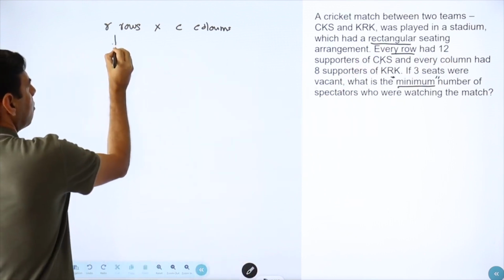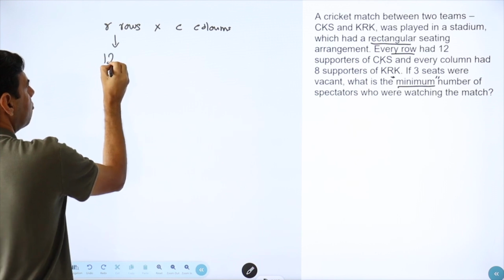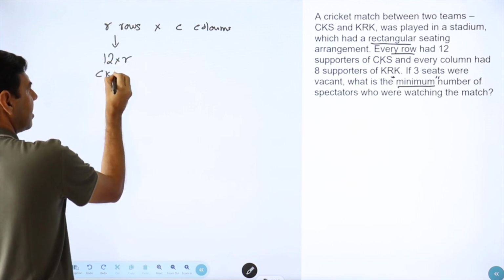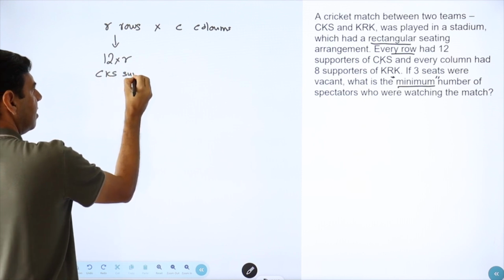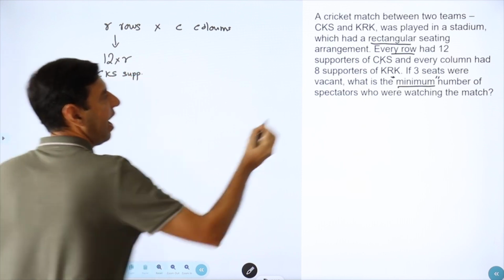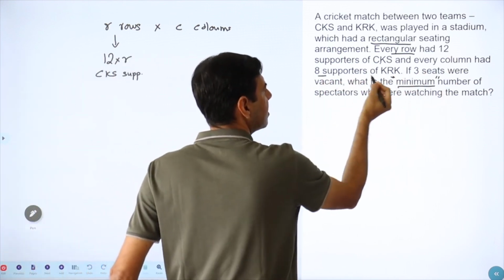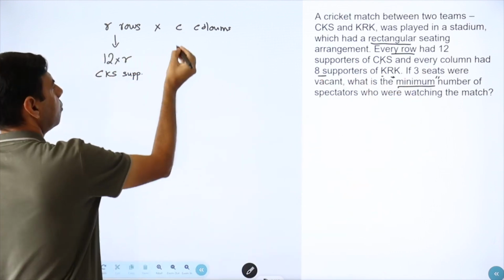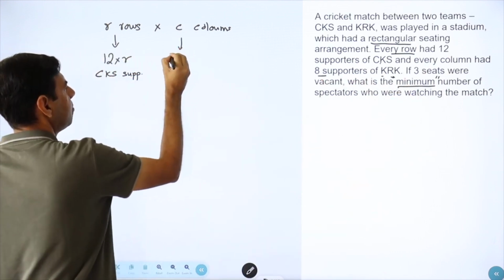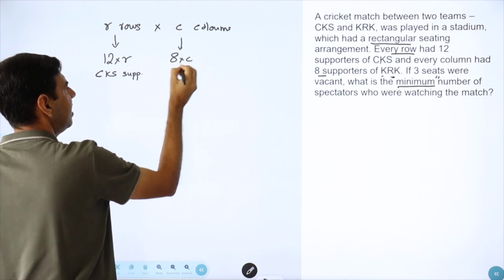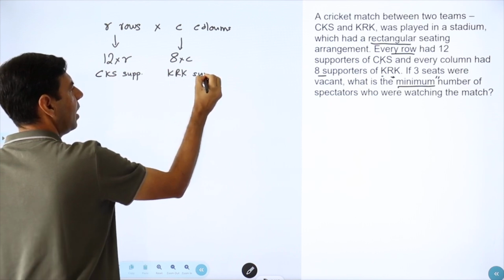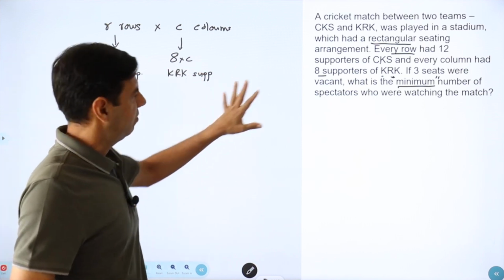So in R rows, there would be a total of 12 into R CKS supporters, right? Every column had 8 supporters of KRK. In one column, 8. So in C columns, there are going to be 8 into C KRK supporters. So just flow along with what's given.